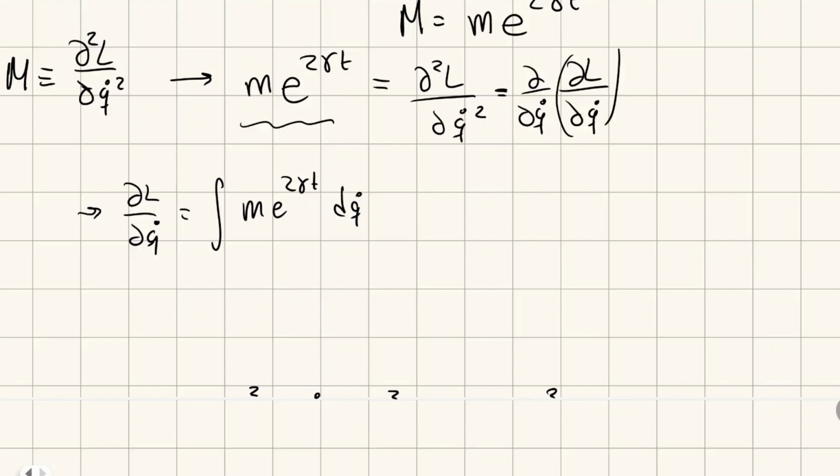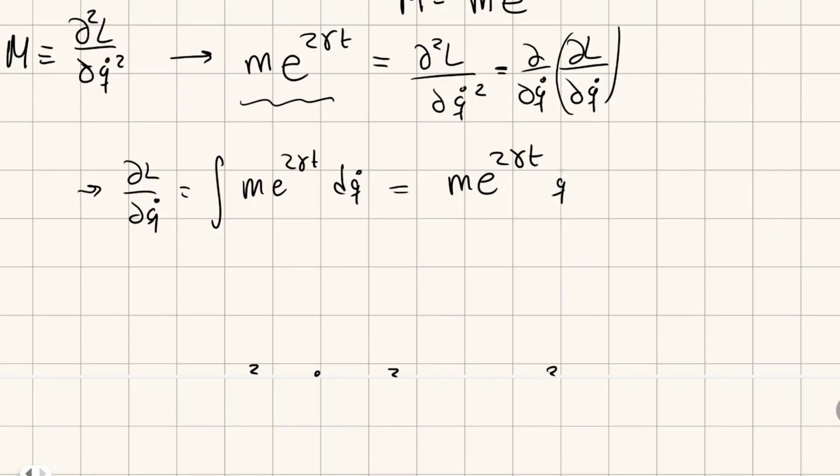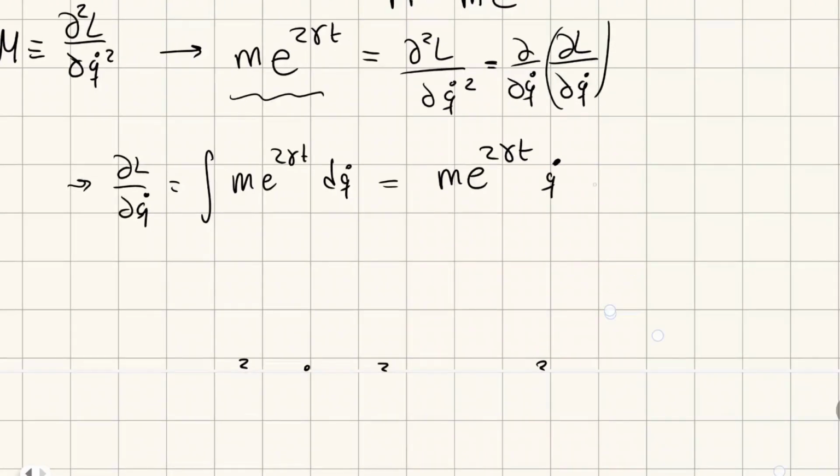And that means that we will have, for example, m e to the 2 gamma t times q dot, and then, well, in a regular integral we will have a constant here, but not in this case. In this case, looking that the integral is with respect to q dot, and we are dealing with functions of q dot, q, and t, the remaining will be a function that will be only depending on q and t.